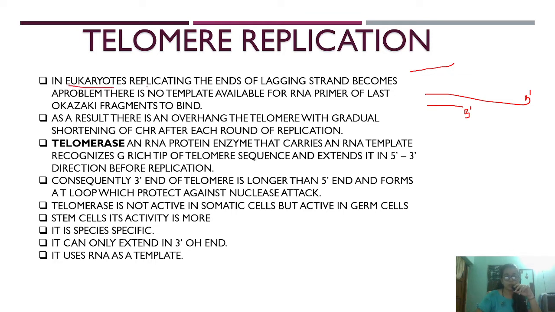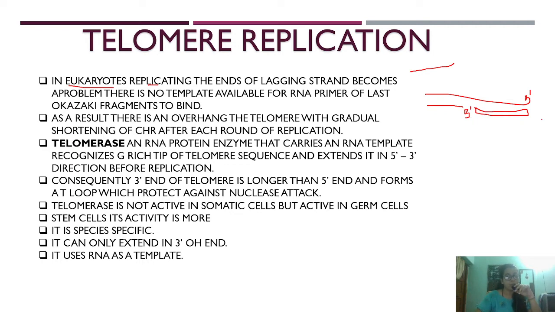In eukaryotes, replicating the ends of the lagging strand becomes a problem, as there is no template available for the RNA primer of the last Okazaki fragment to bind. These are the two strands. After the removal of the primer, which is attached here because the polymerase moves in the 5' to 3' direction, this part remains blank.